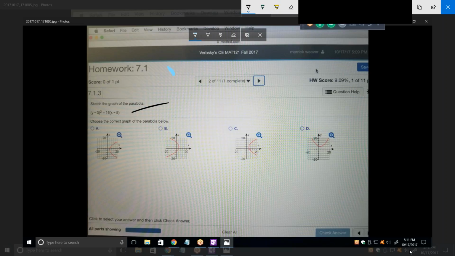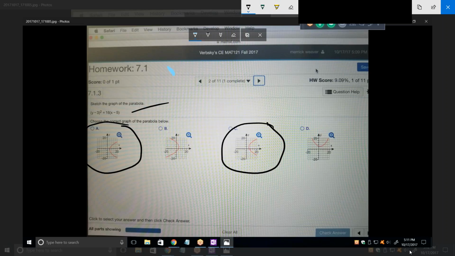When A is positive, it opens to the right. If it's an up or down parabola, when A is positive, it opens up. When A is negative, it opens down. When it's a left or right parabola, when A is positive, it opens to the right. So now we've got it down to between that one and that one.